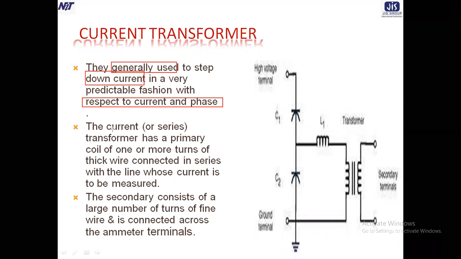The current or series transformer has a primary coil of one or more turns of thick wire connected in series with the line whose current is to be measured.